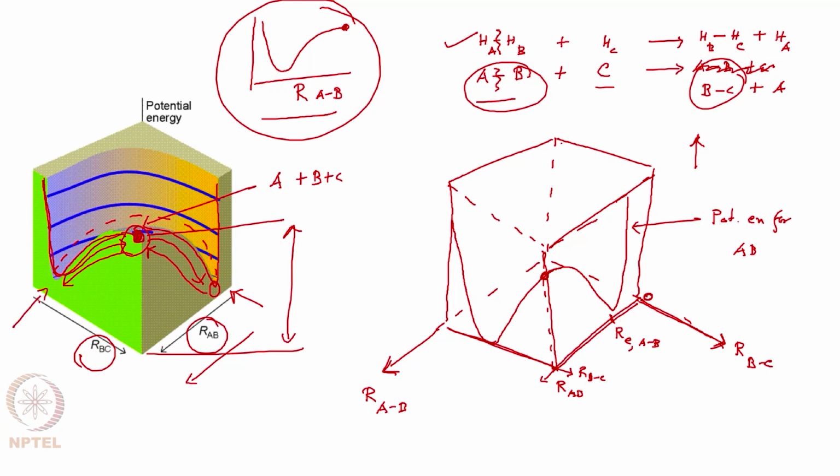So instead of totally dissociating the atoms, when the BC bond is being formed, the AB bond is being broken. The AB bond is not completely broken when the BC bond is getting formed, and vice versa.